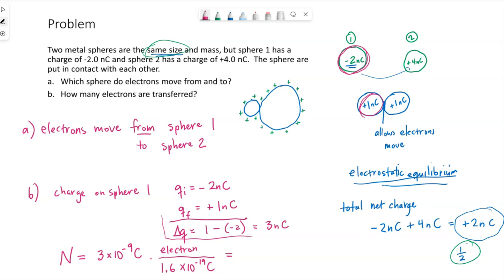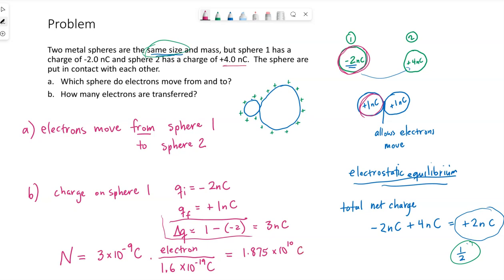I don't need to do that in terms of just finding out how many move. So 3 times 10 to the negative 9 divided by the charge on that electron. My calculator's telling me this: 1.875 times 10 to the 10th.